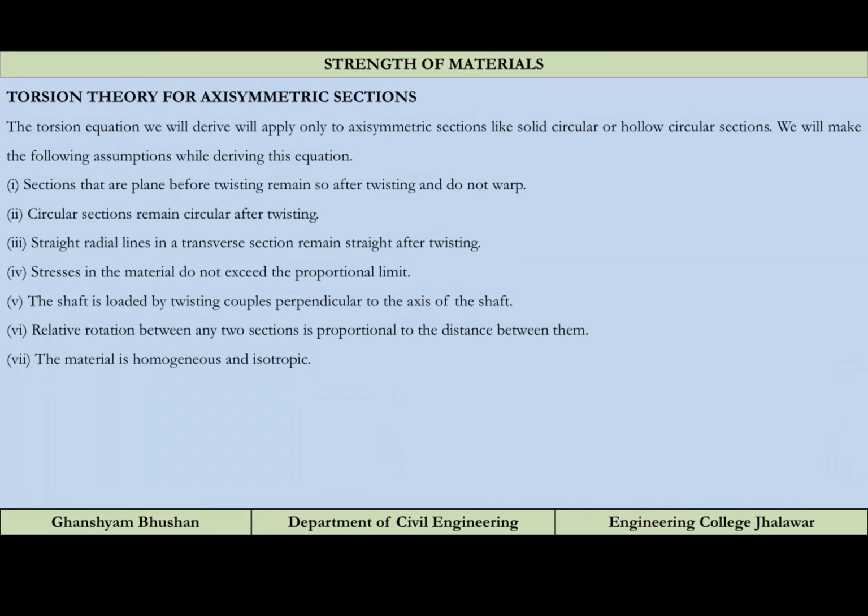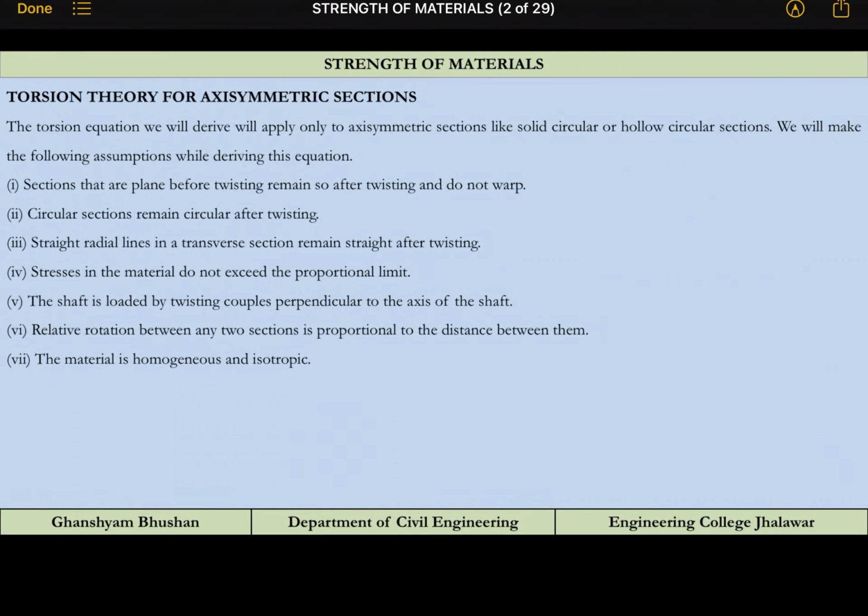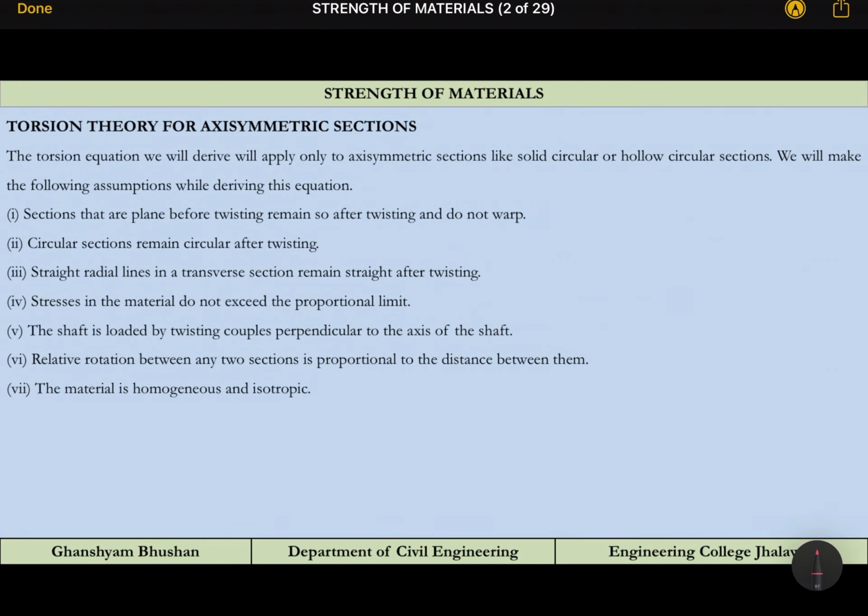So what are the assumptions? Torsion theory is strictly for axisymmetric sections. I have already told you this, because for non-axisymmetric cases the analysis becomes very complex, and it is not even in the scope of this syllabus. The cases should be strictly axisymmetric, and mostly we will see only the circular cross section, either solid or hollow.